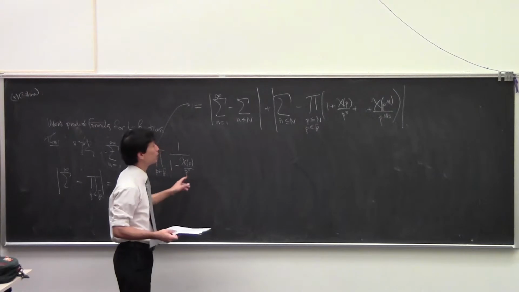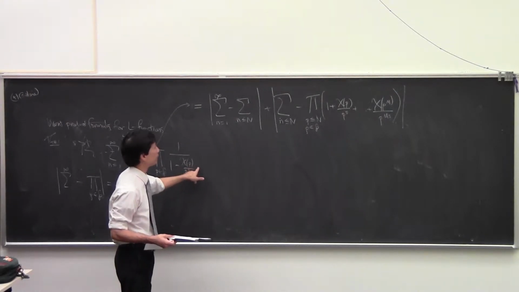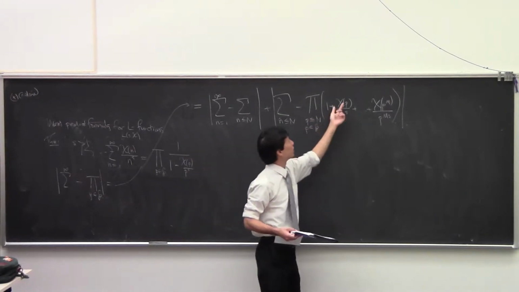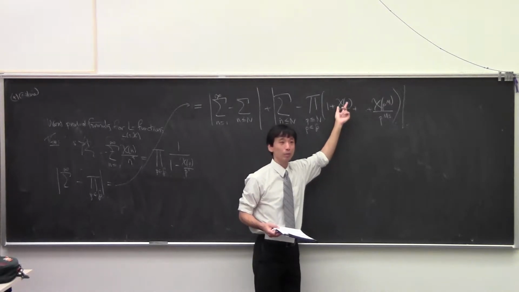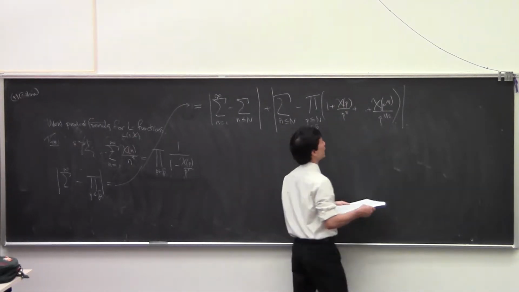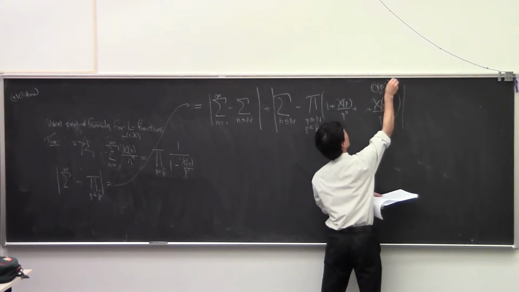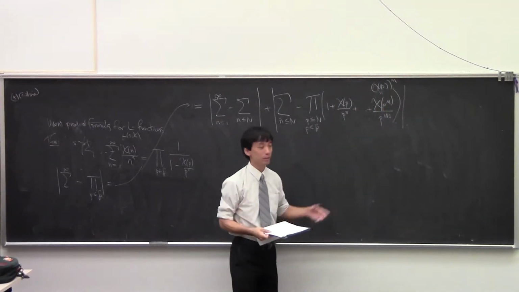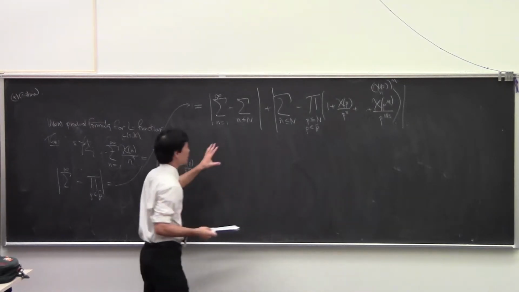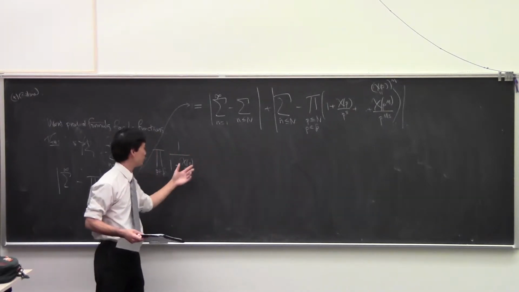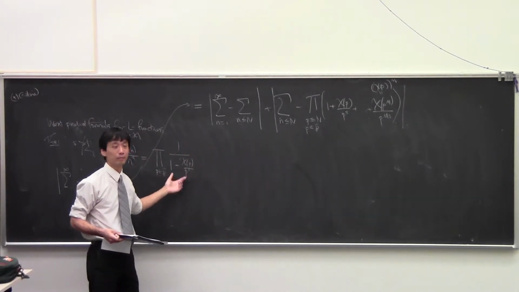This is a geometric series because the Dirichlet characters are multiplicative. This chi(p^m) is the same thing as chi(p) to the m, so this is actually the partial geometric series for this thing.